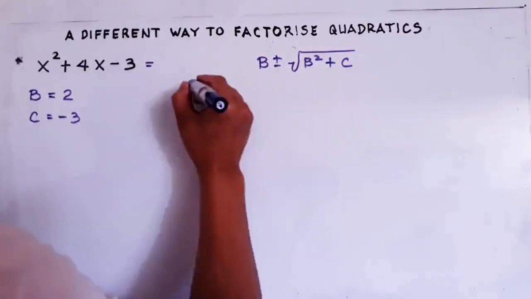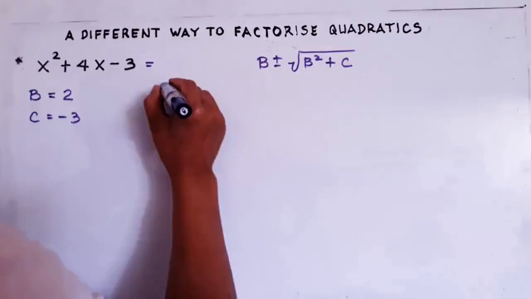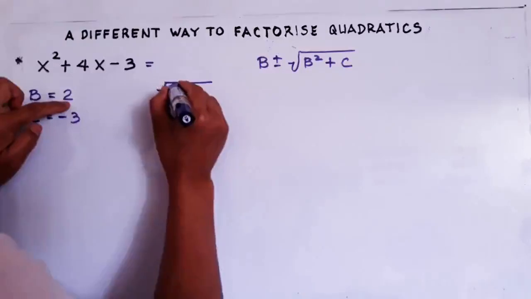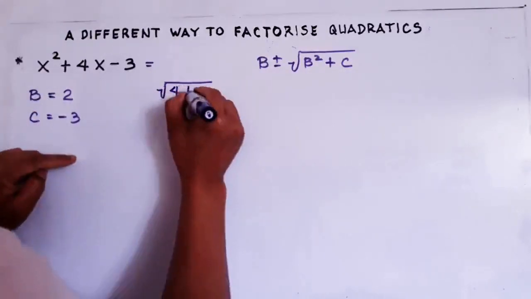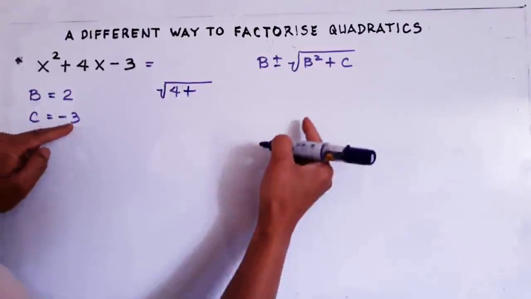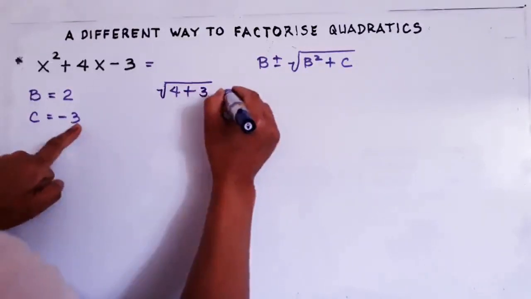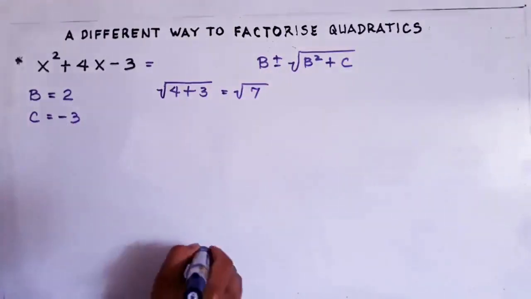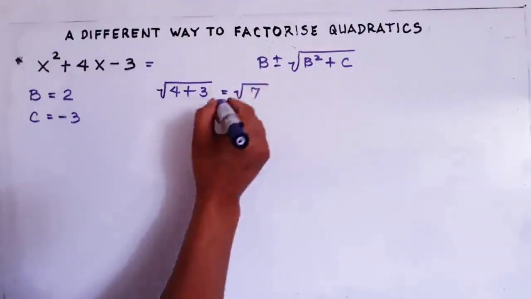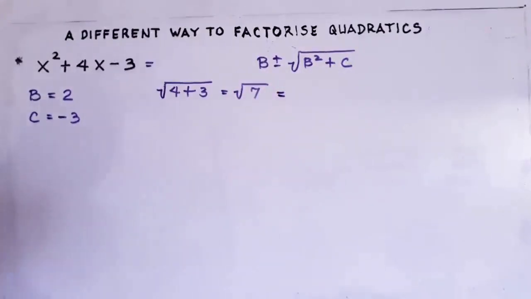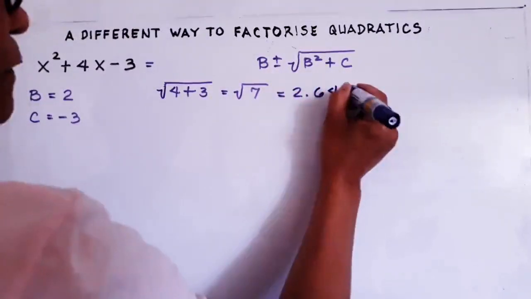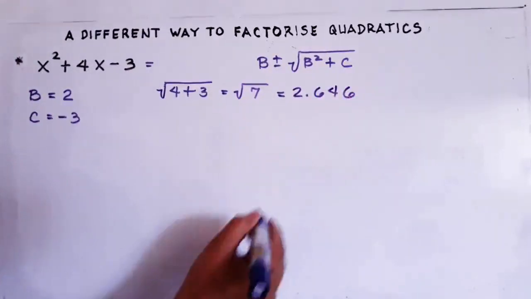The square root of b squared, 2 times 2 is 4, plus, because that one is plus, 3 is equal to the square root of 7. Just leave that as square root of 7. Or what is the square root of 7? It's 2.646 if you want the decimal there.